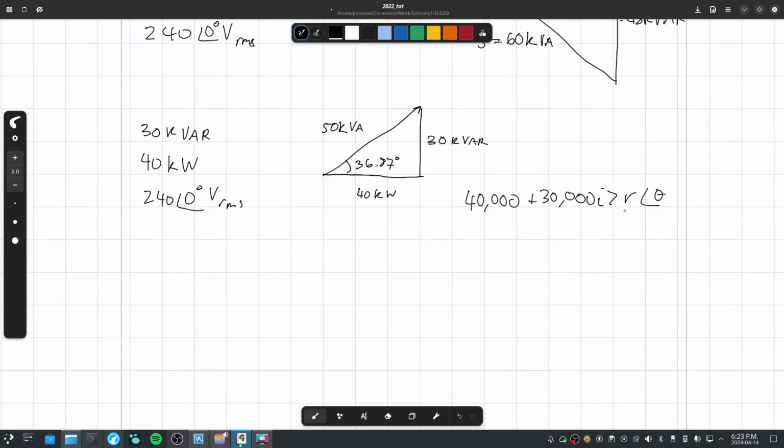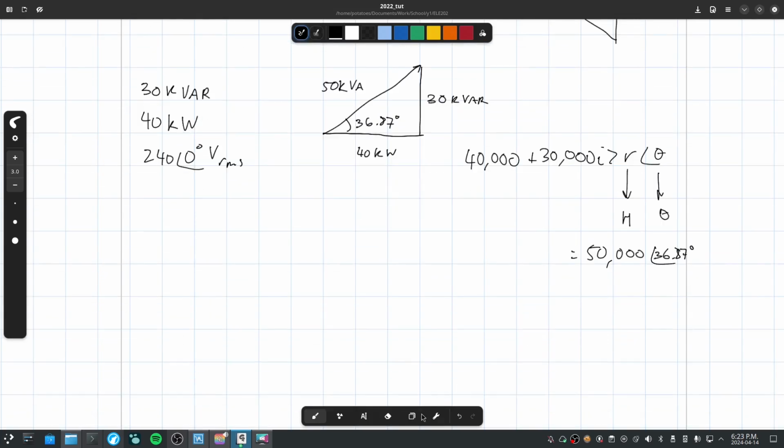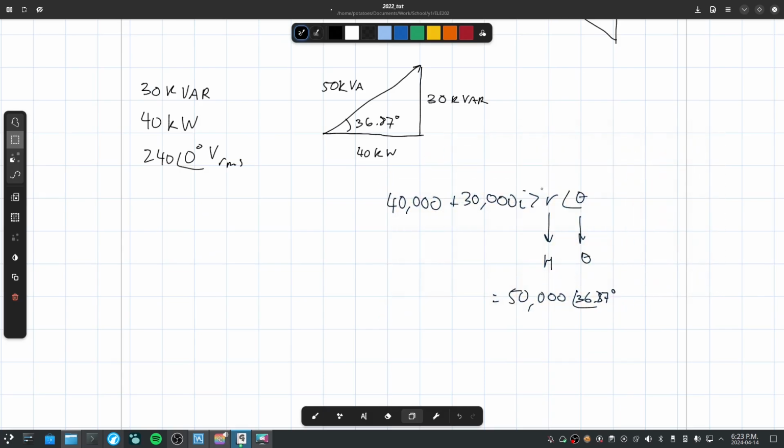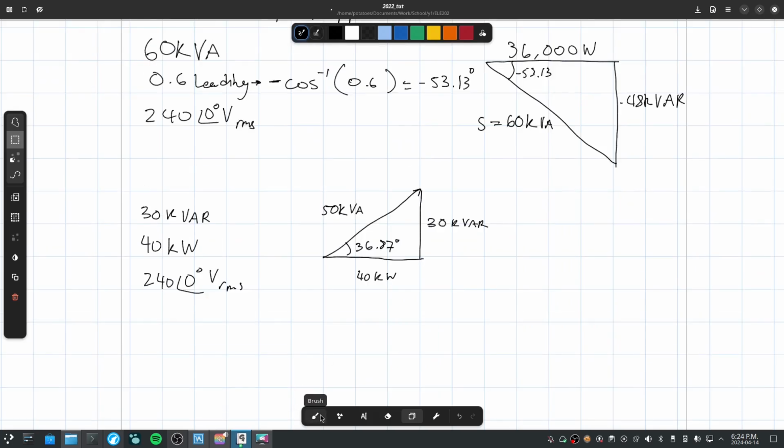This is your hypotenuse, and this is your angle. So you'll get 50,000 with a phase of 36.87. Remember what a phasor actually is. A phasor is just the hypotenuse, or the magnitude, at an angle. And the rect format is just the XY components of it.